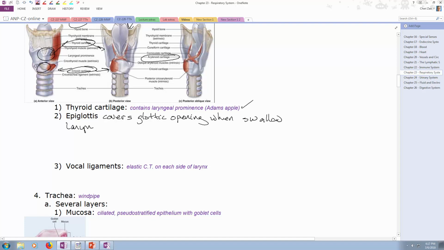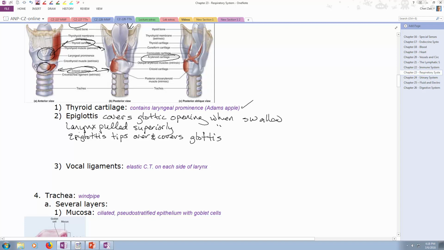The larynx is pulled superiorly when you swallow, and the epiglottis literally tips over and covers the glottis.